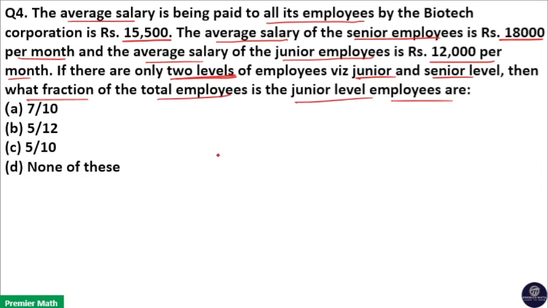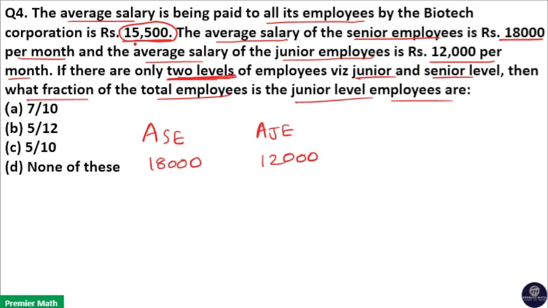Here I will use the allegation method, because the average salary of senior employees is 18,000 and the average salary of junior employees is 12,000. But there are only 2 levels of employees in this company. That means the average salary of total employees is between the average salary of junior and senior level.